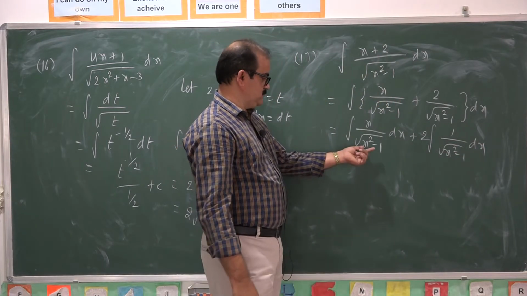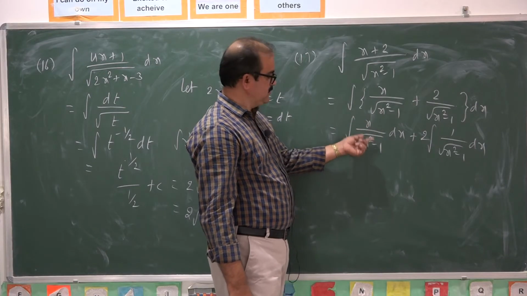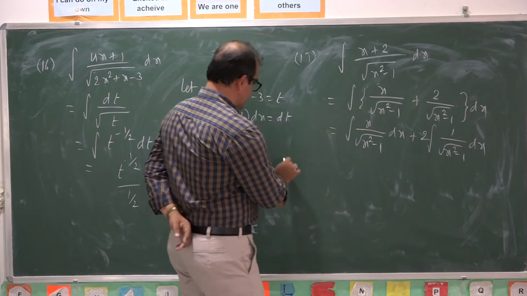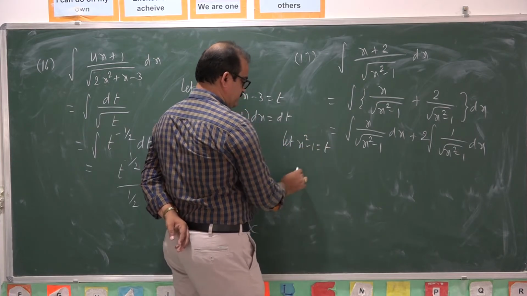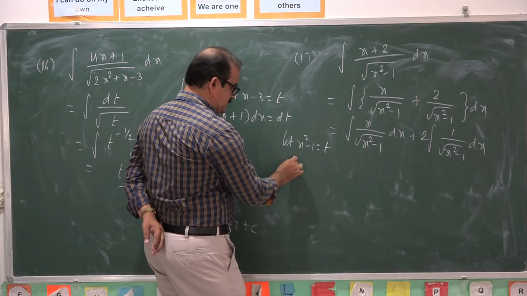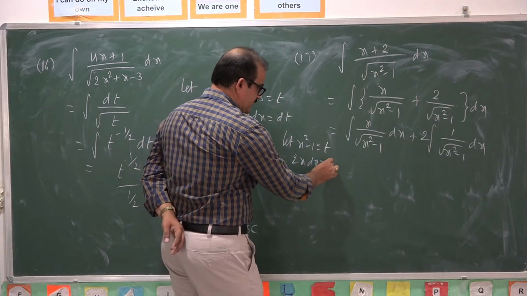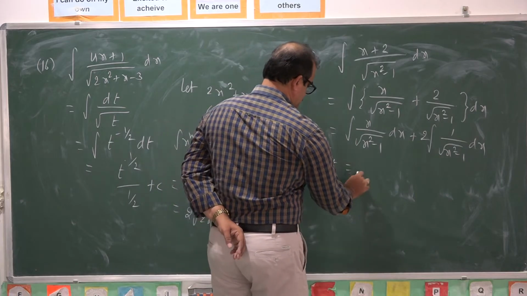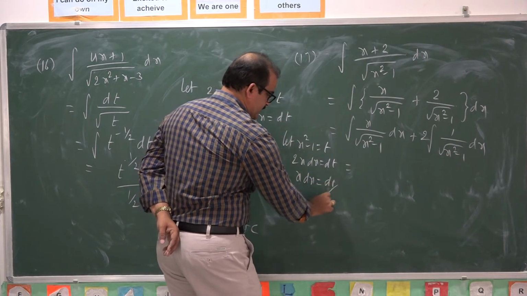Observe that the derivative of x square minus 1 is 2x, and x is there. So you take x square minus 1 is equal to t. Taking derivative on both sides, 2x dx is equal to dt. So from this, x dx is dt by 2.